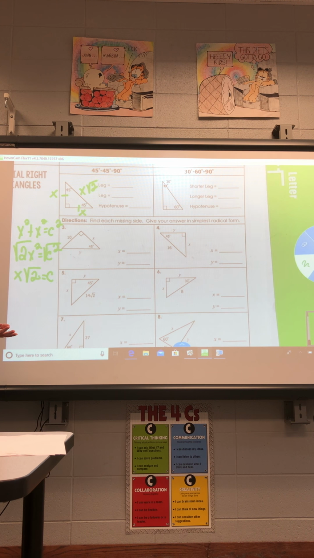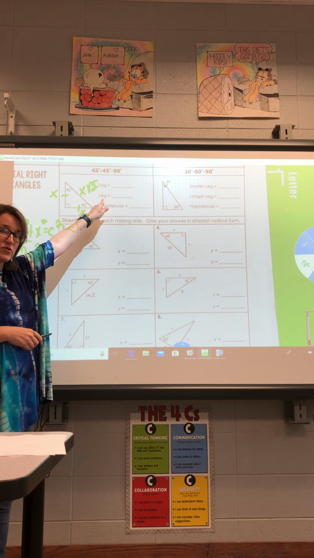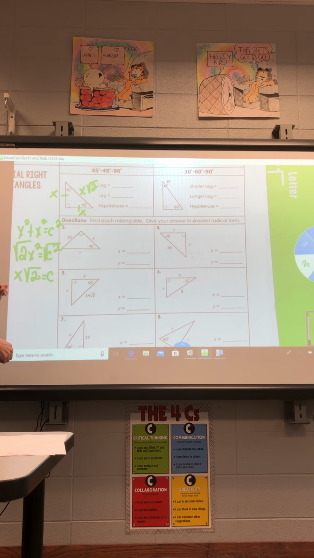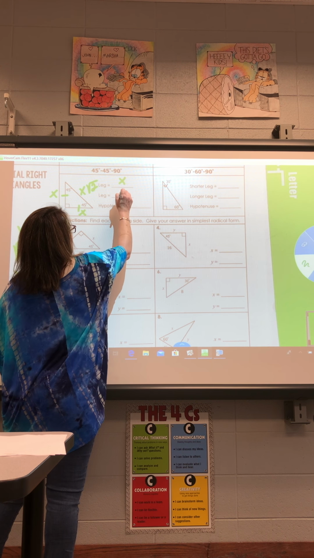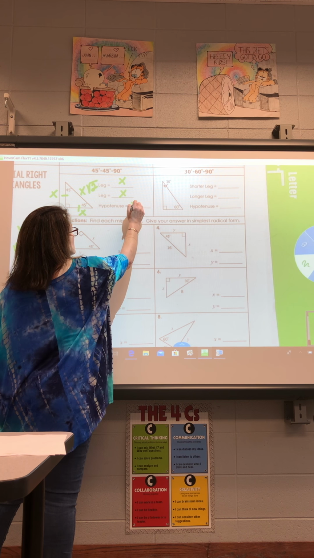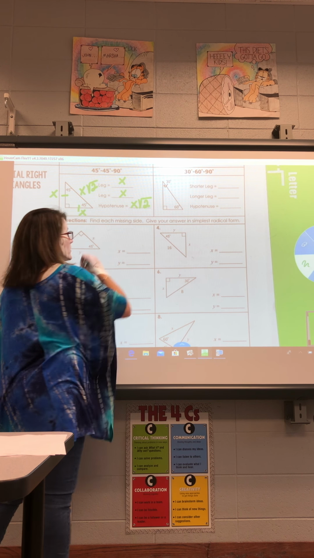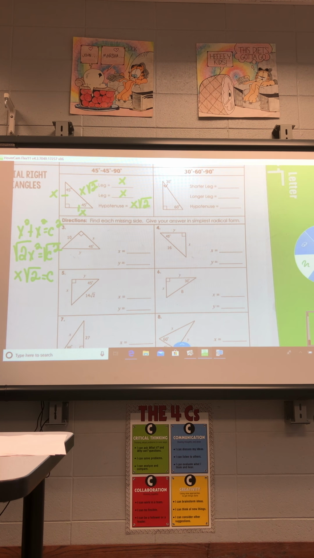You can't take the square root of 2. So you end up with c is equal to x square roots of 2. And so that's where the hypotenuse comes from, okay? So in a 45, 45, 90 triangle, the two legs are both going to have a value of x, and your hypotenuse is going to have a value of x square roots of 2, okay?